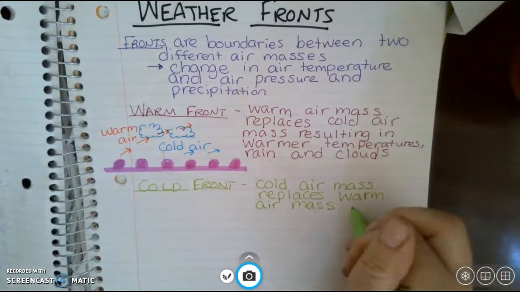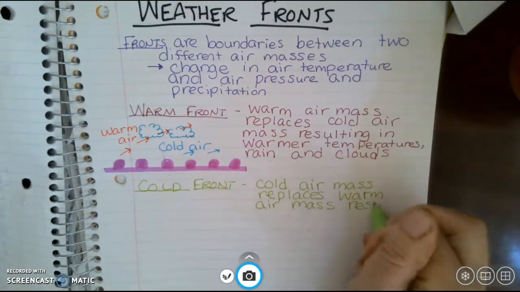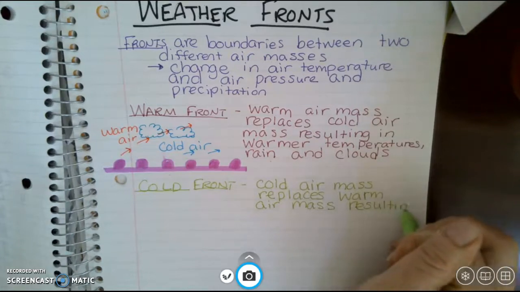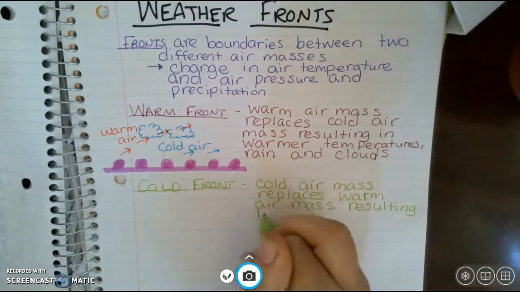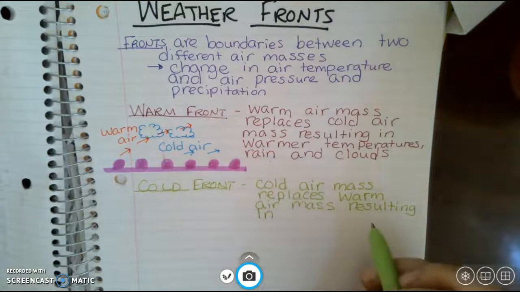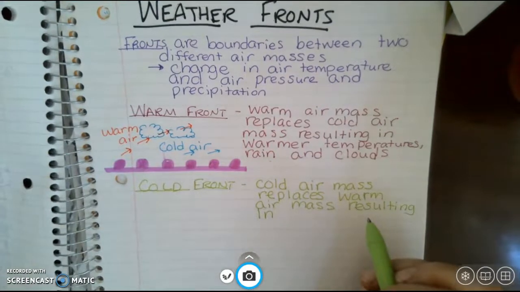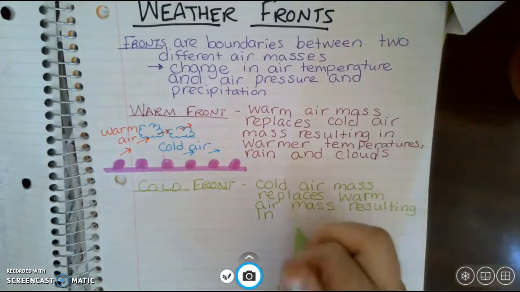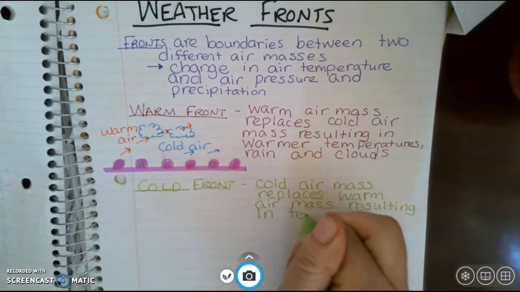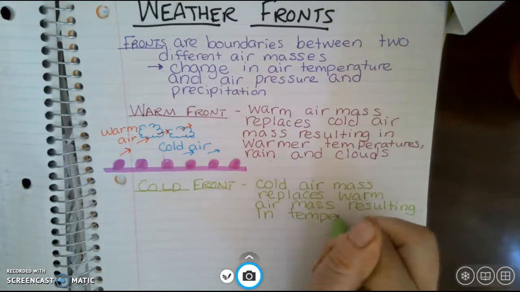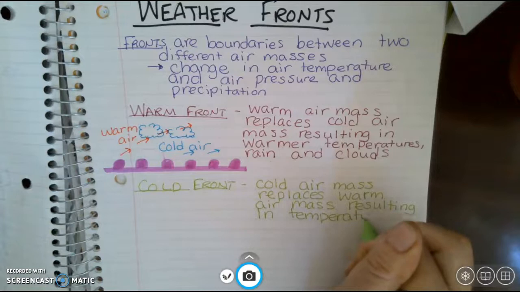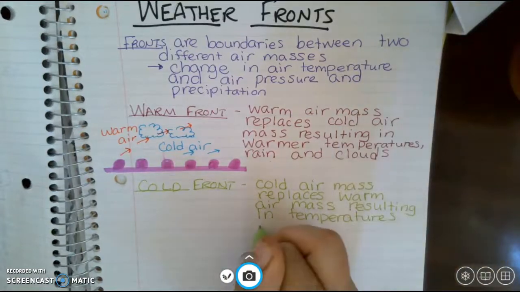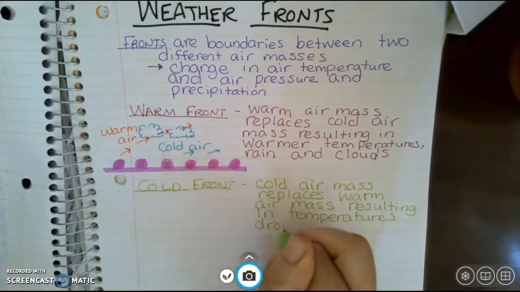And what we see when we have a cold air mass replacing a warm air mass is temperatures dropping. So it gets colder. We just had one of these come in last week.